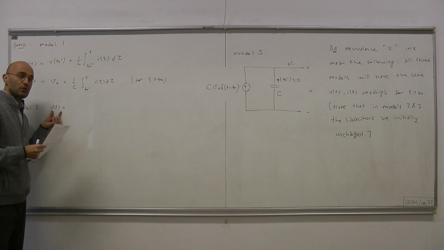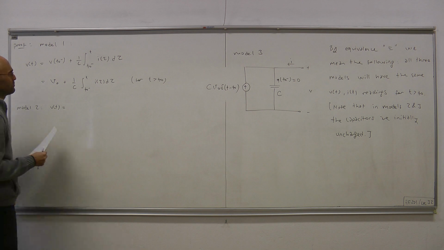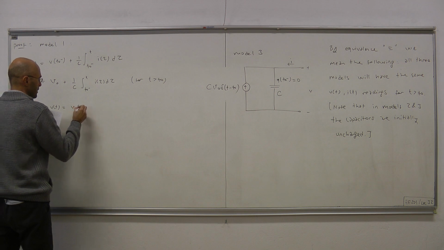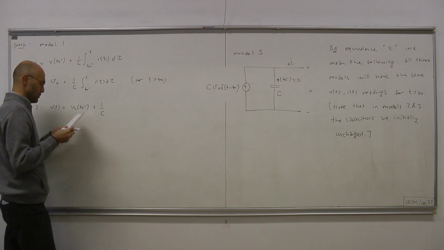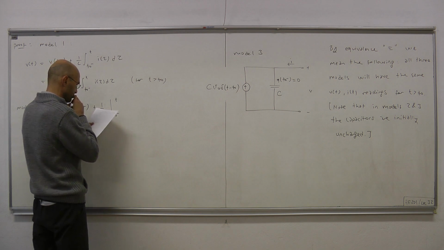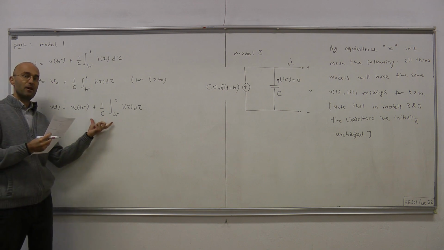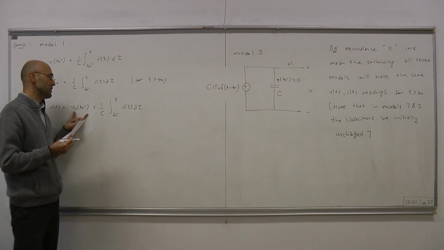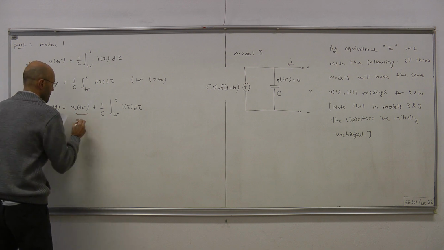So this voltage in model 2 equals the voltage of the capacitor, which is empty, plus the voltage of the independent voltage source. Now, the capacitor's voltage is, again by the terminal equation, Vc(t0 minus) plus 1 over C integral from t0 minus to t of i(tau) d tau. So this is the capacitor in the second model, and by assumption that capacitor is empty. It's chargeless initially, and that means the initial voltage is 0. Vc(t0) is 0.